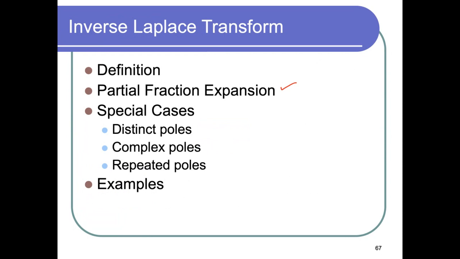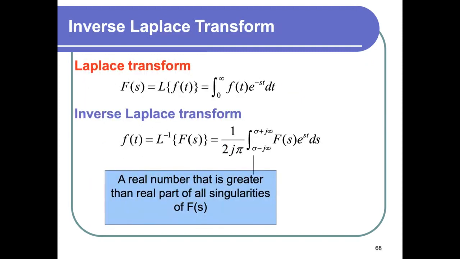Once we do partial fraction expansion, we'll have three kinds of poles. I will discuss what a pole is, and we will have some examples. The inverse Laplace transform will be one last topic before the final topic of this unit, the initial and final value theorems, which are quick theorems that we can cover quickly.